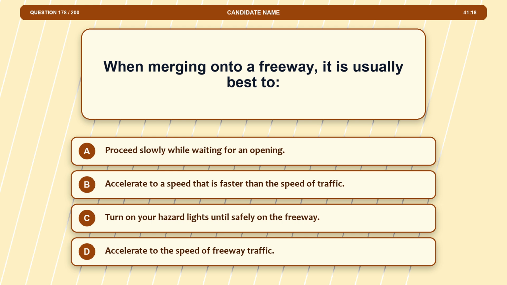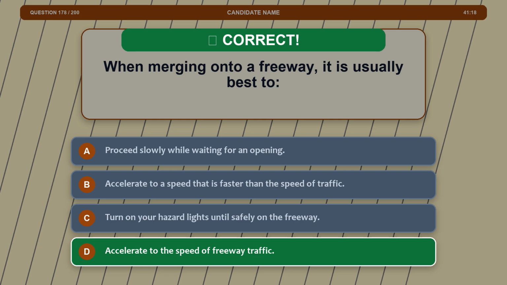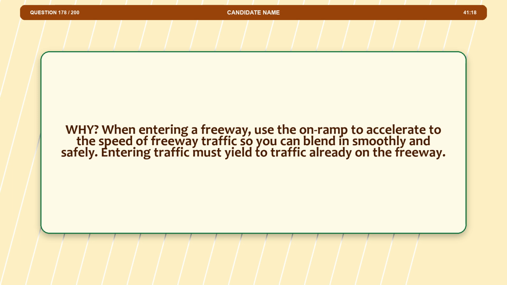Option D, accelerate to the speed of freeway traffic. The correct answer is option D, accelerate to the speed of freeway traffic. Explanation. When entering a freeway, use the on-ramp to accelerate to the speed of freeway traffic so you can blend in smoothly and safely. Entering traffic must yield to traffic already on the freeway.